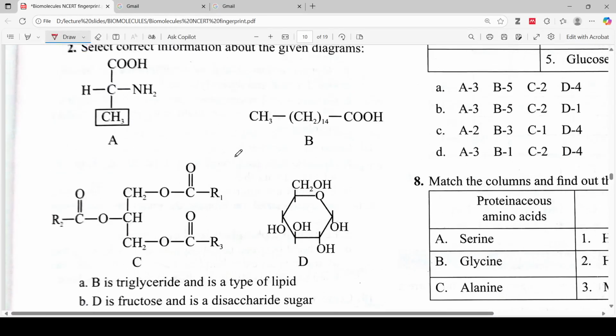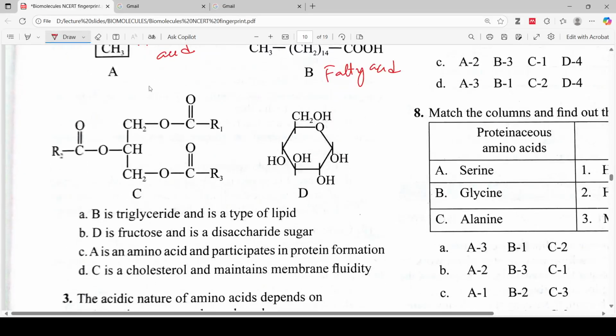A is amino acid, it is an amino acid, and it is a fatty acid, and it is a triglyceride, and it is a monosaccharide.